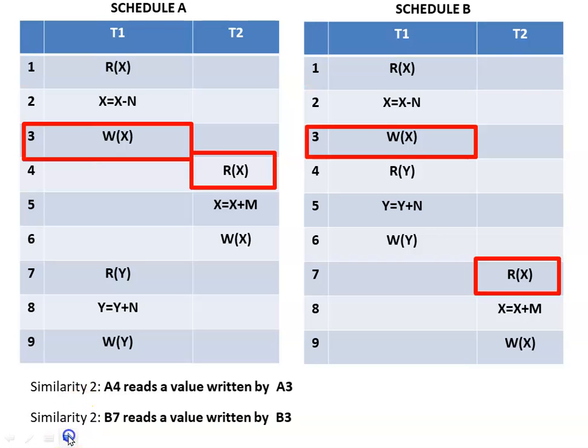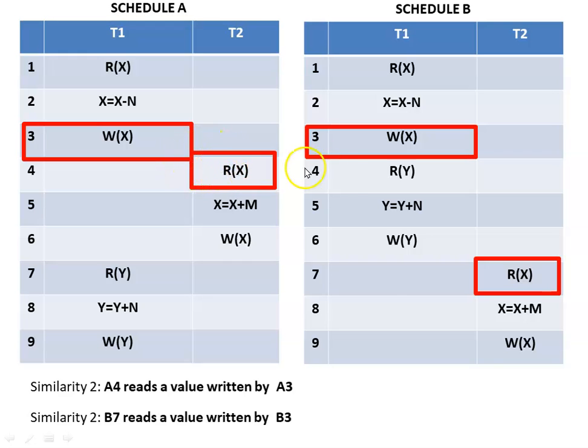Next, A4 reads a value written by A3. So basically transaction T2 is reading a value that is updated by T1 and not from the database. Now with respect to schedule B, the same pattern is there.